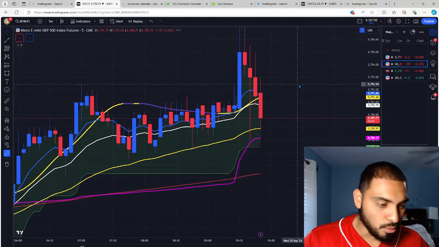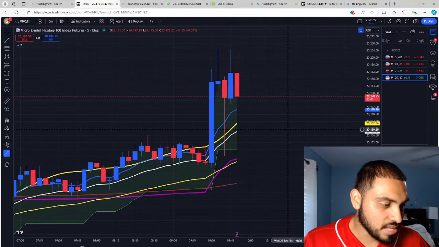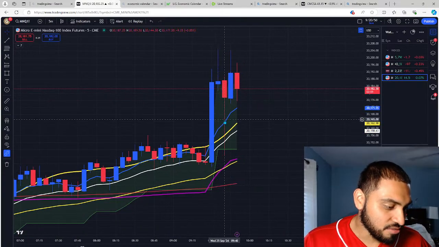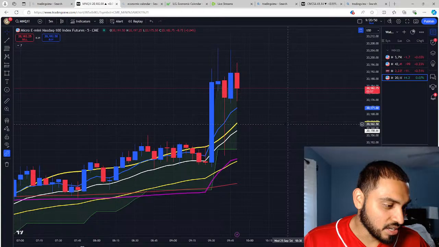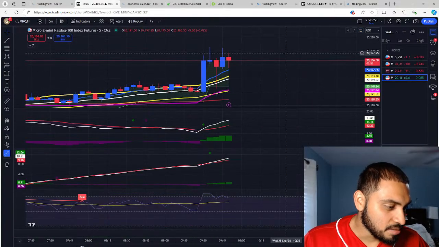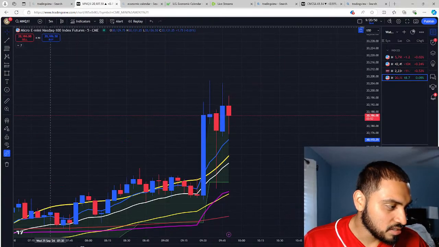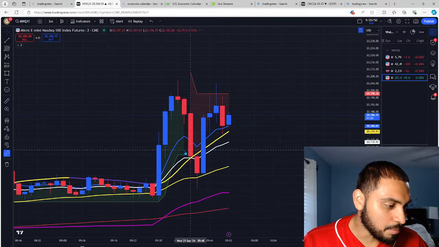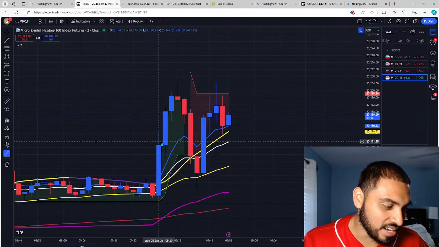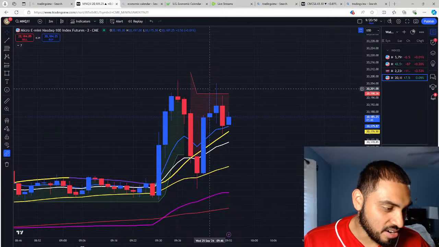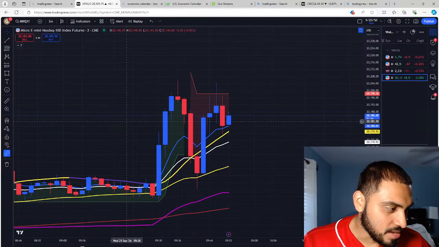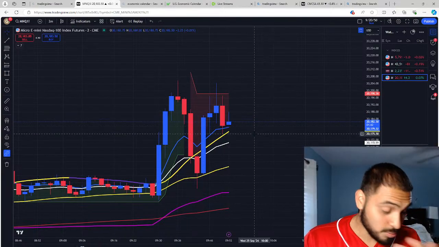Not worth it. What are the Qs doing? Same thing as MES. Very choppy, very ugly. Price is coming on up though, so it's probably gonna continue to pump up. Bounce here and then super trend here. It's pretty wild.